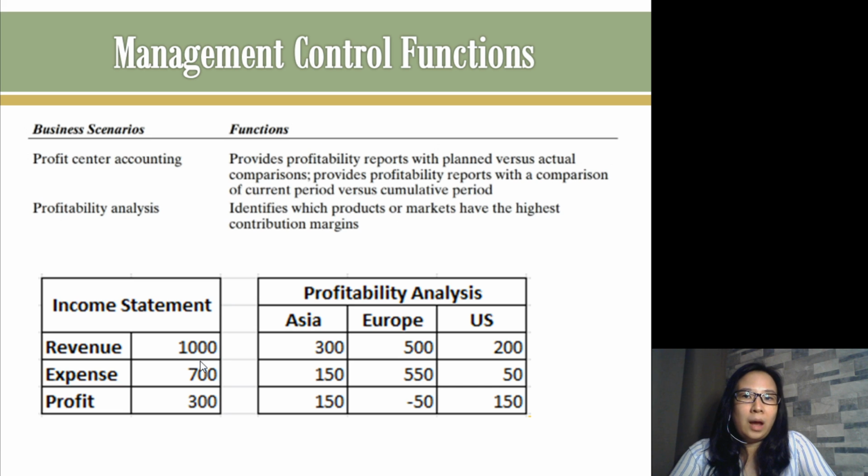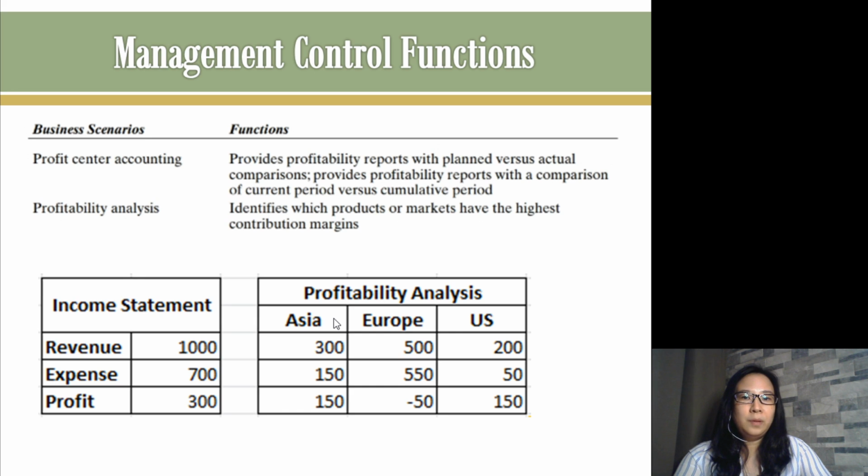And also we will have the profitability analysis, whereby we can get more analysis from this income statement. For example, if our company has branches in Asia, Europe and US. When we look at the income statement here, the total revenue is 1000, but we can split it when we do the profitability analysis. Usually we can split based on the branch, or we also can split based on the product.